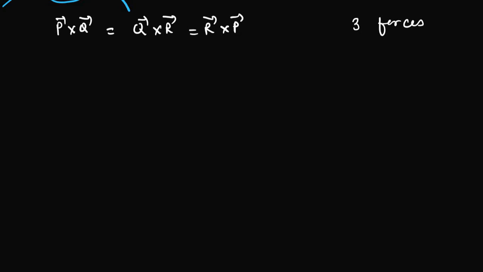So how to do it? The question we already know, prove that P cross Q equals Q cross R equals R cross P. This was the question we need to solve. Now we know if three forces are acting on a body, keeping the body in equilibrium, what does that exactly mean?